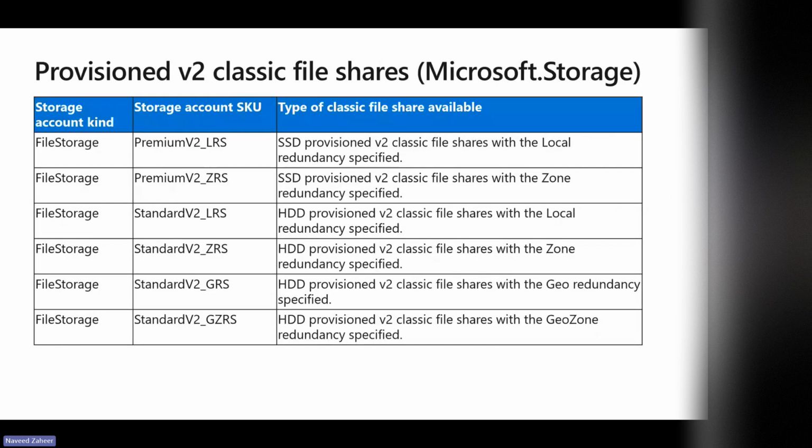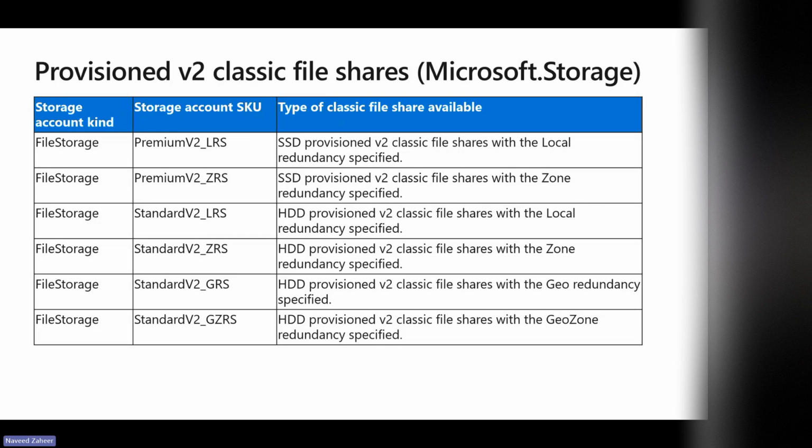And these are the file storage that you can use. It has to be file storage, and it has to be of this kind, with which you can use provisioned V2 with classic file shares. Just keep that in mind. This is for classic file shares. And we will talk about the Microsoft.FileStorage file shares in a second.